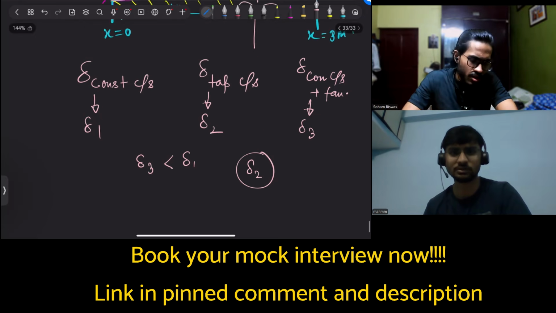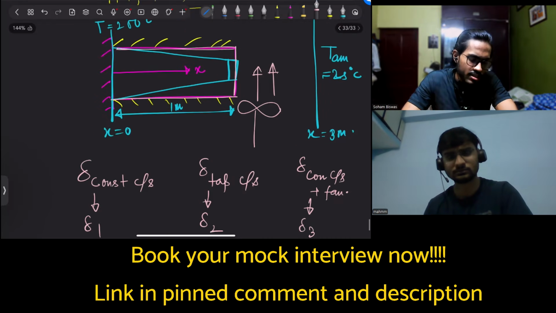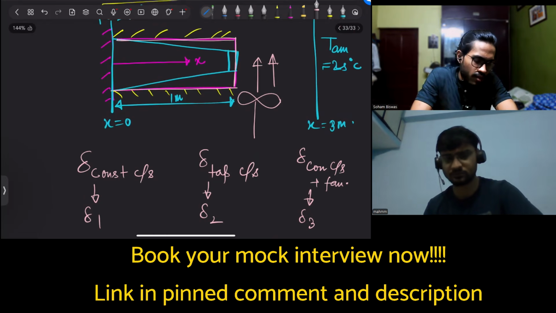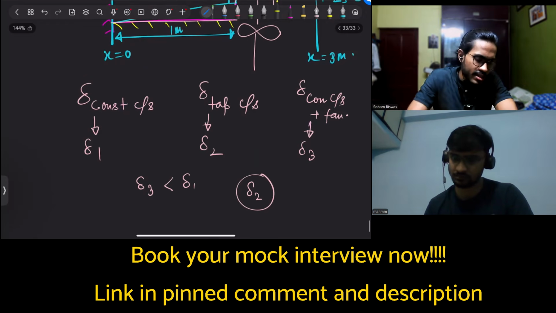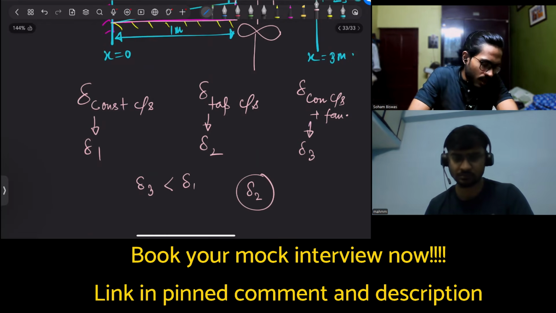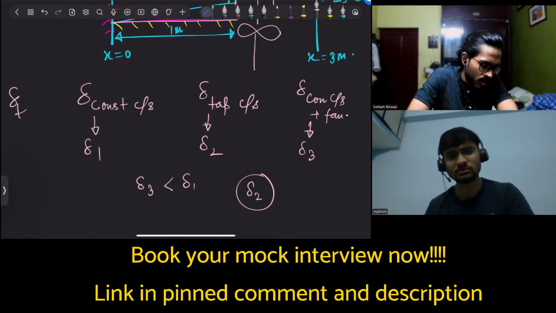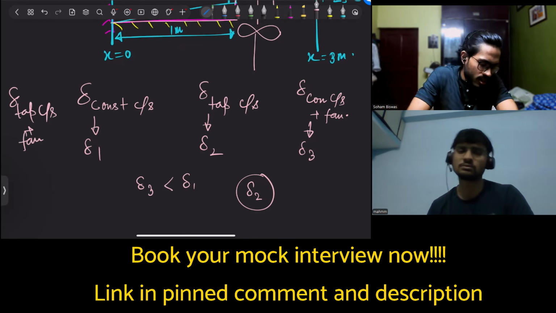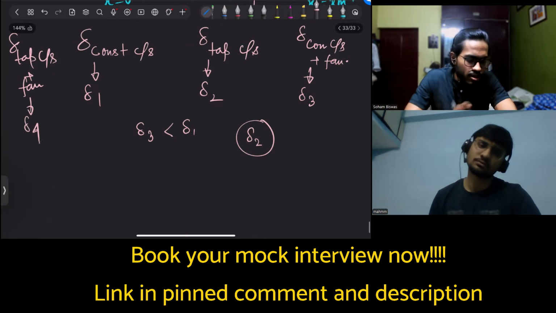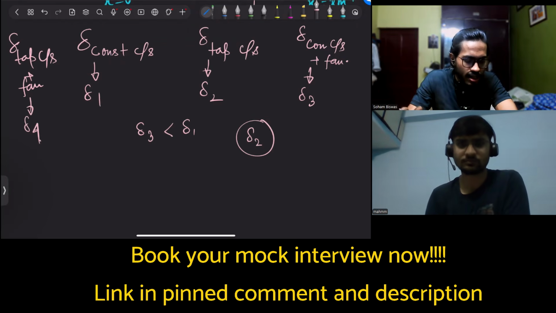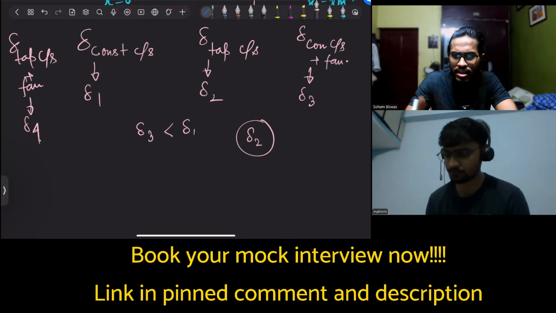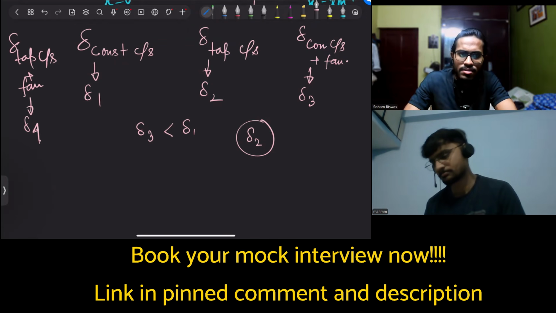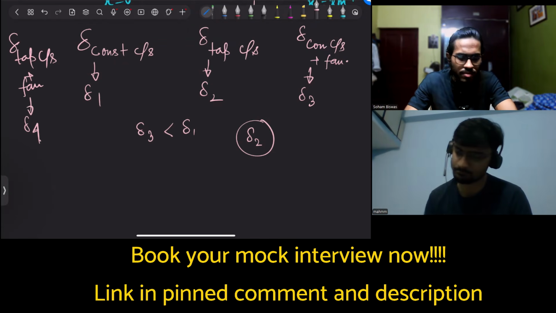So if I consider four cases, these are the three cases, and another case is the tapered cross section plus fan, which I call delta 4. Now your task is to arrange delta 1, 2, 3, 4 in ascending order, minimum to maximum.